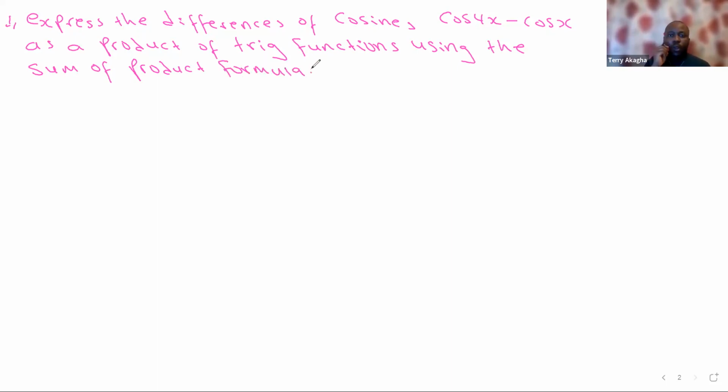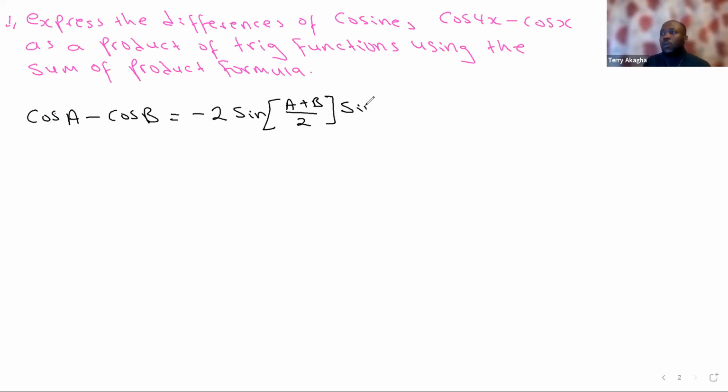If you go back and look at the first video, I told you something about the differences of ratios. I told you that cos A minus cos B will be equal to minus 2 sine of (A plus B) over 2, then sine of (A minus B) over 2.